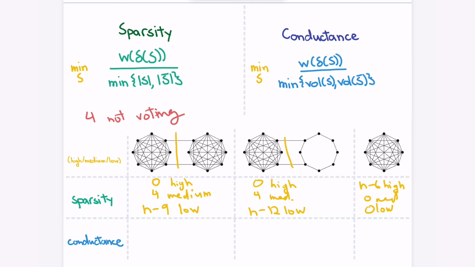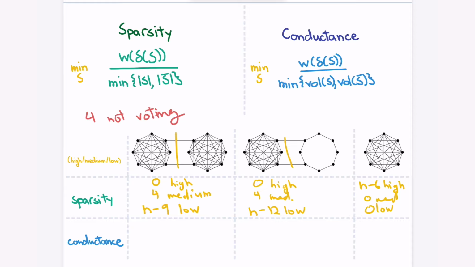Maybe no one actually did. Maybe just 3 people fell asleep. Anyway, sparsity doesn't actually change because we're not counting the volume. We're just counting the number of vertices on each side. That's the only point I wanted to make. And a complete graph is the most connected thing, so it's pretty high.